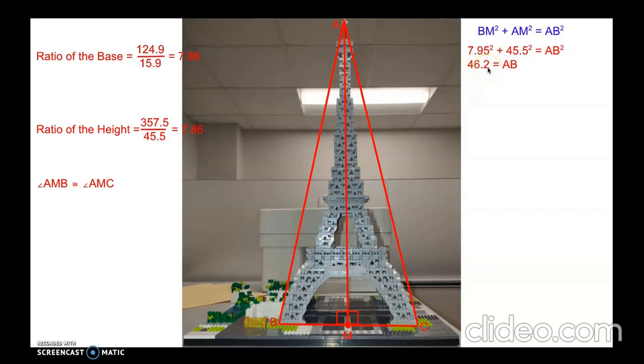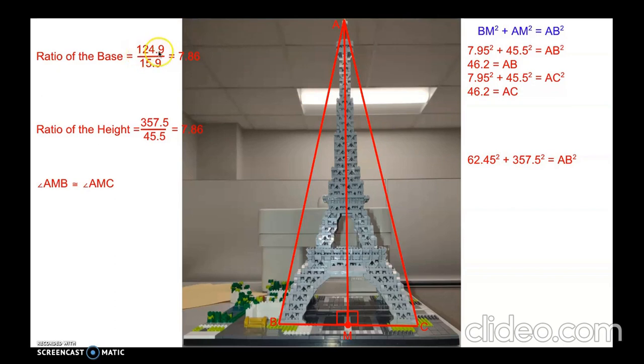And then when I calculate AC, it's going to be the exact same calculation. I'm taking this length squared plus this length squared, taking the square root to get AC. Okay, and so then now I'm going to do the same thing, but for the actual Eiffel Tower. So all this math up here was to get the lengths of AB and AC on my model. Now I'm going to get AB and AC on the actual Eiffel Tower. So I'm going to use half of the base.